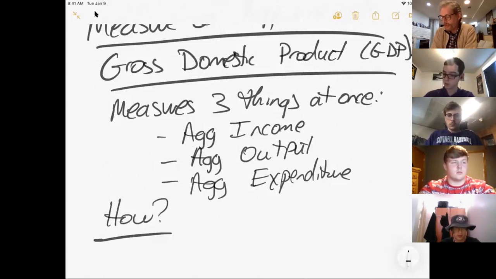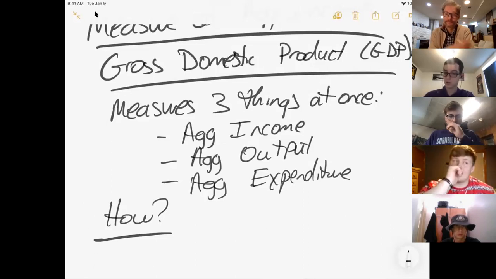How in the world can one piece of data measure three things at one time? How's that possible? Any ideas? How can one thing measure three things at one time?